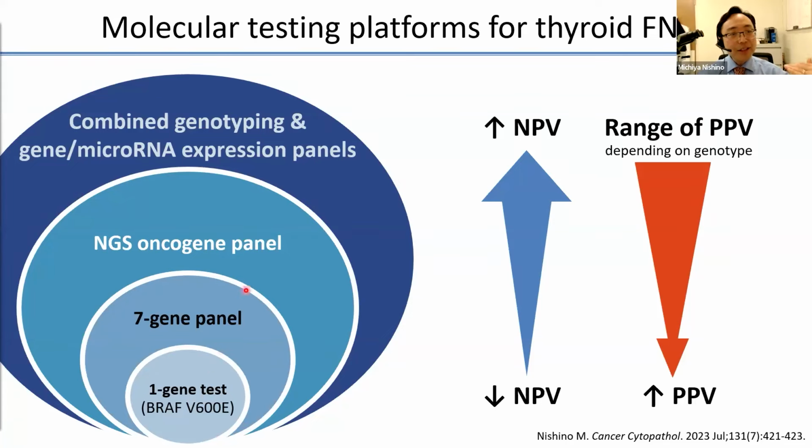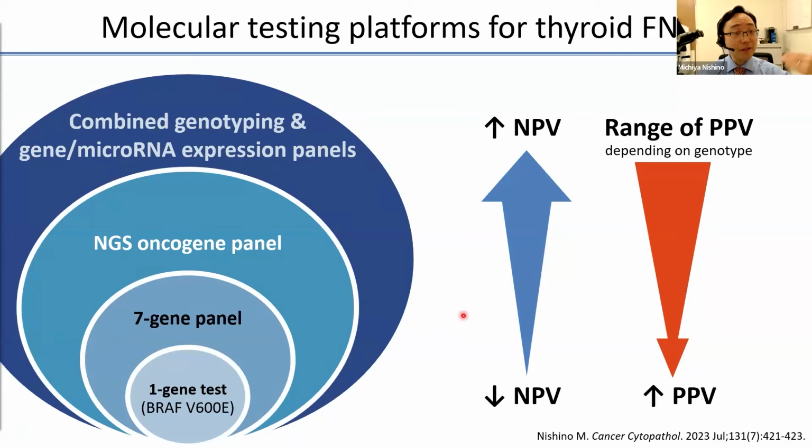And with each of these developments, there have been incremental improvements in the negative predictive value to the point that a negative molecular testing result using one of these combined complex genotyping and expression profiling panels can essentially help rule out malignancy with cancer risk that's close to 3 to 4% if this molecular test is negative.